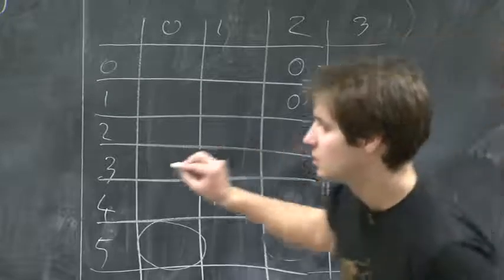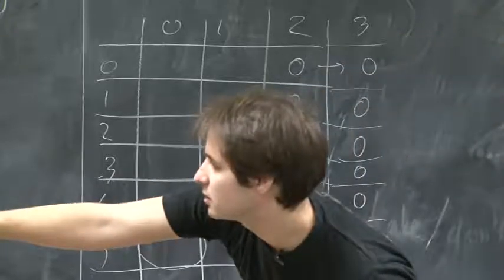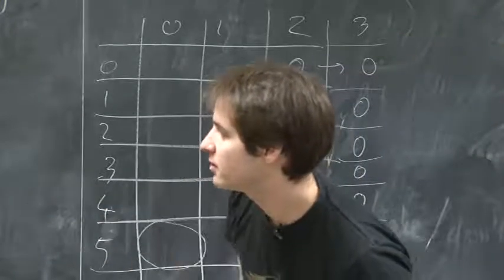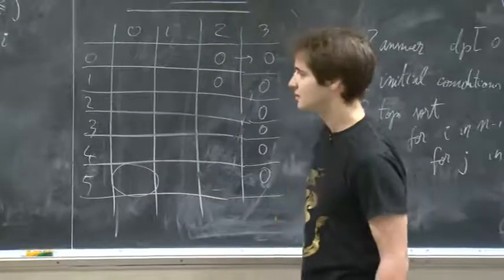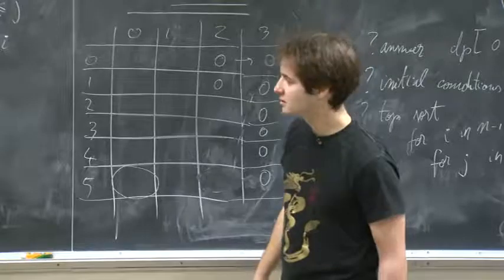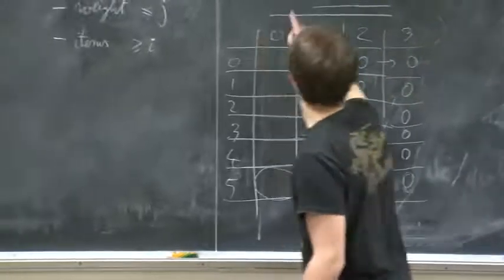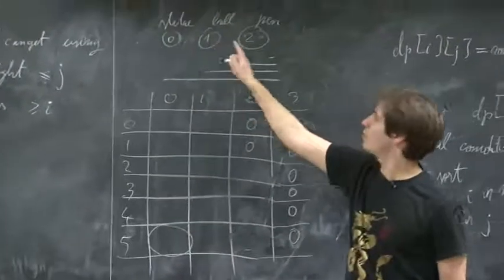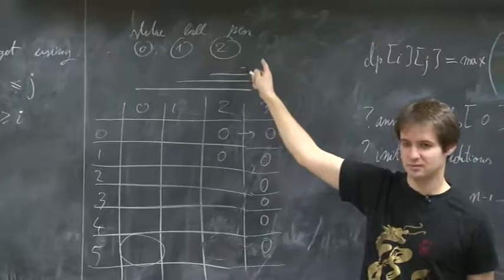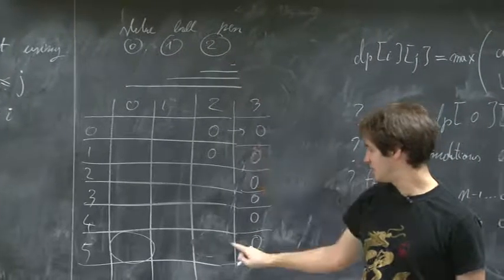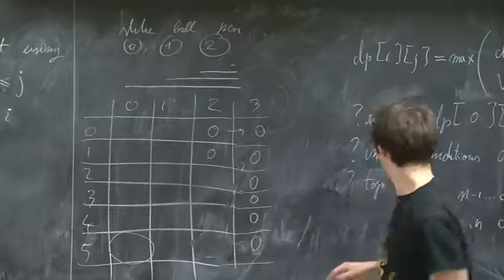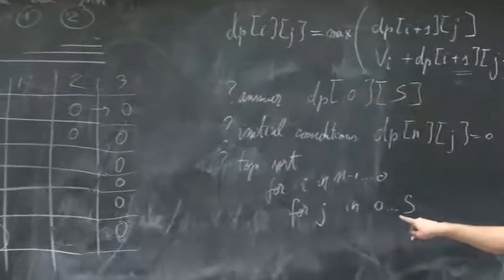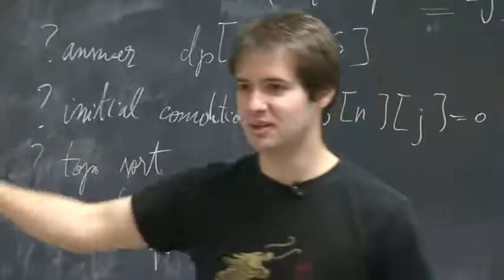So we're going statue, ball, pen, and this is weight on the left side, right? Oh, so we're filling them like this in the topological sort order that we chose here. We said this is the order, so this is what we're going to use to calculate the table.